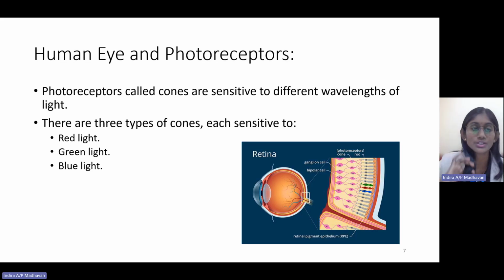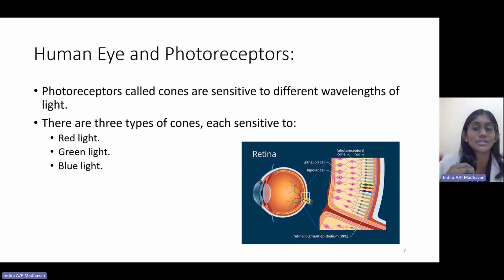So first we have to know the human eye and photoreceptors. Photoreceptors called cones are sensitive to different wavelengths of light. There are three types of cones, each sensitive to red light, green light, and blue light.